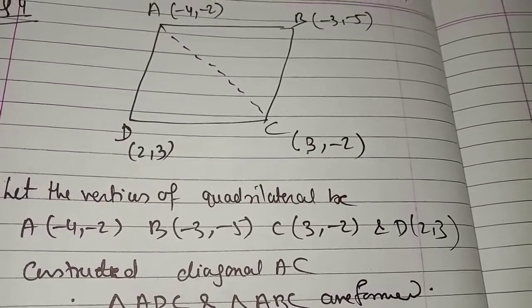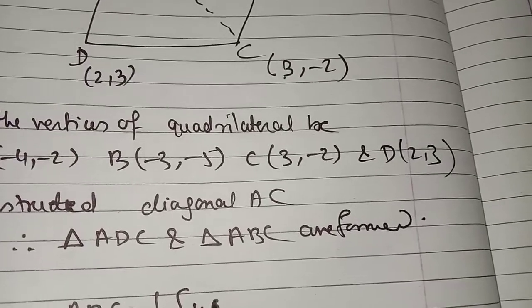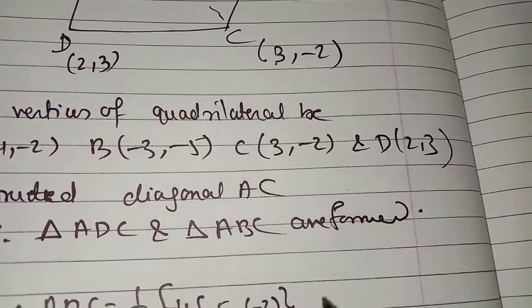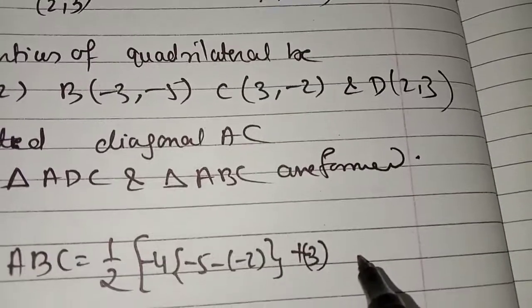It is half. Now I am putting the value directly, -4. In bracket you will write -5 minus -2. Okay, plus 3. Sorry, it is -3.